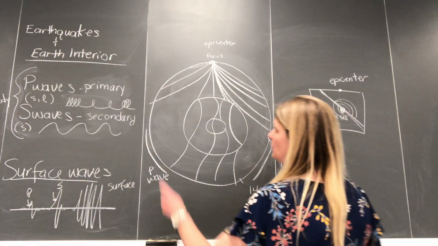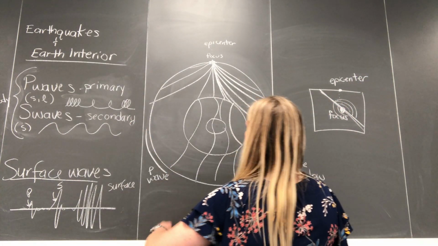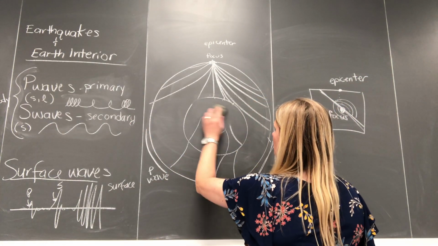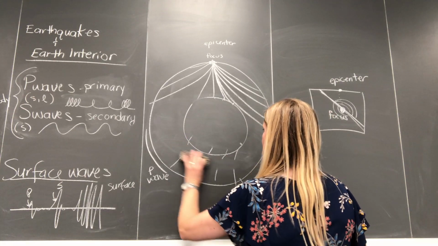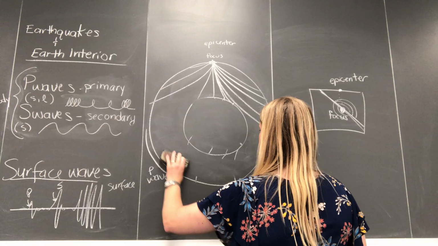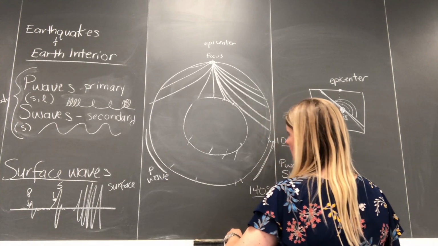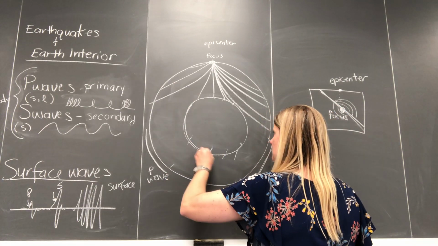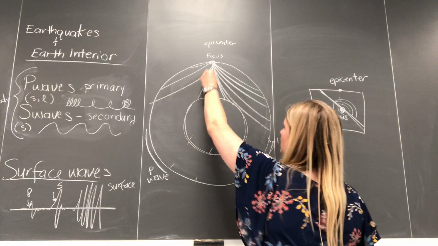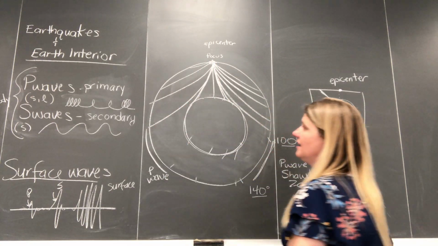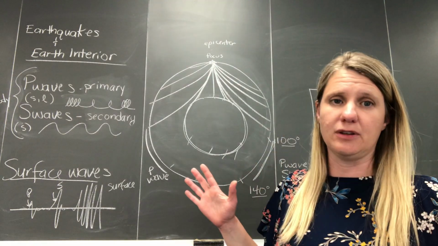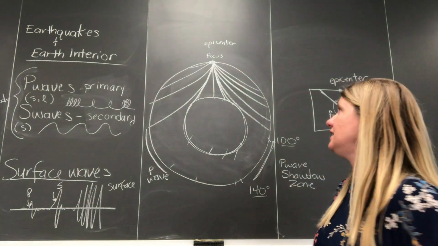The poor S waves, though, the secondary waves, they cannot get through the liquid outer core at all. So when they hit the liquid outer core, they completely die out. So here's my core. Let's say these are my S waves now. When my S waves hit the outer core, they're finished. They can't go through liquid, so they just completely die out.